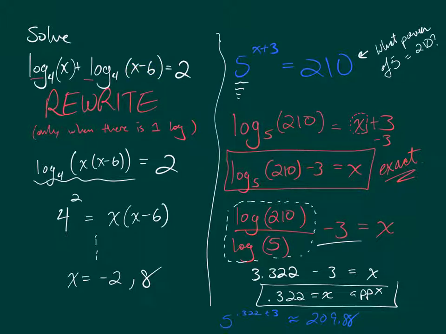That's definitely a negative number, so this answer does not work. However, if you consider x to equal 8, if you put 8 inside this argument, the argument is 8. That's a positive number. Check. If you put 8 into this argument, 8 minus 6 is 2, also positive. So this answer is a good one.